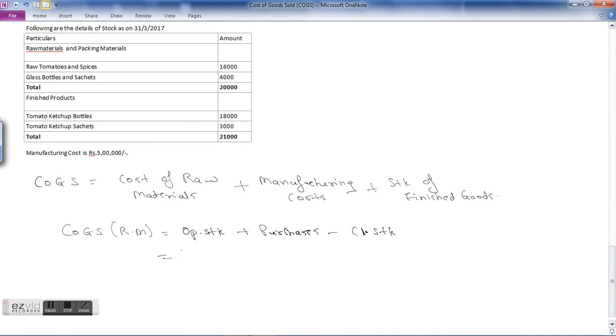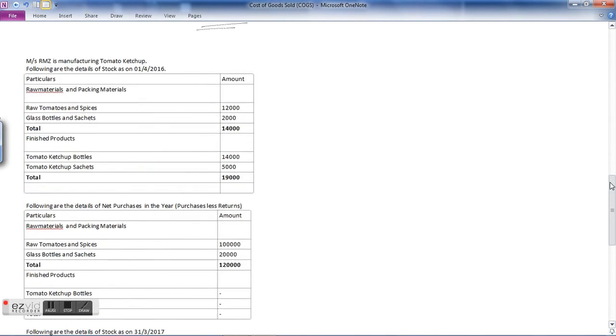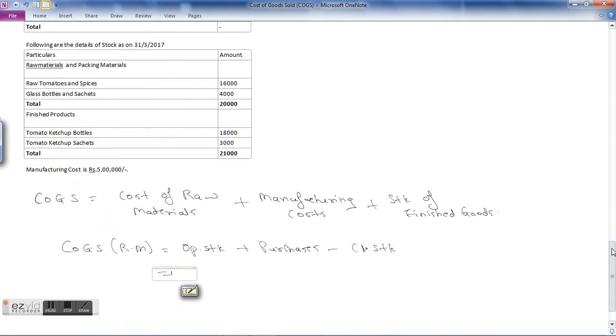Opening stock was 14,000. Purchases is 1,20,000 minus closing stock of raw material and packing material, which is 20,000. So how much does it come to? 1,14,000. Okay, so this is your cost of raw material.